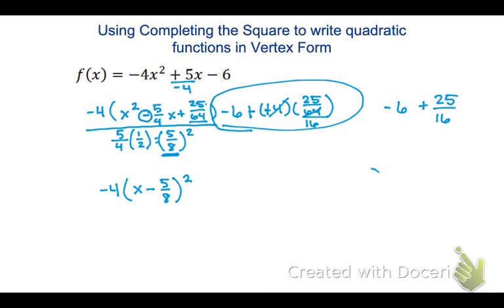So I need to get common denominators. So 6 times 16 would be 96. So negative 96 plus 25, so it's going to be a negative, 71.